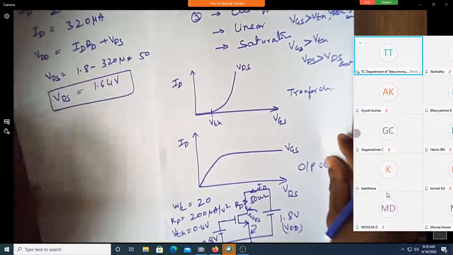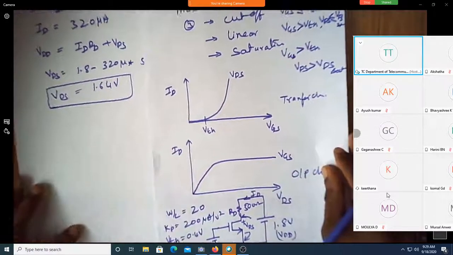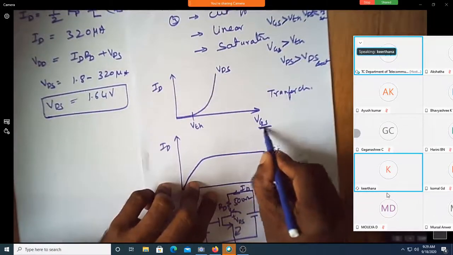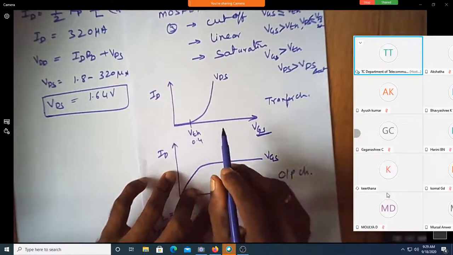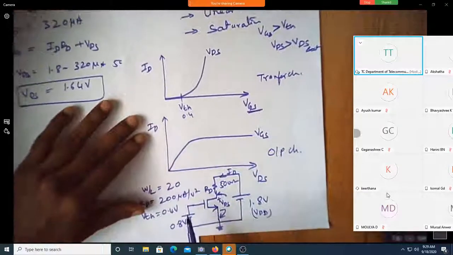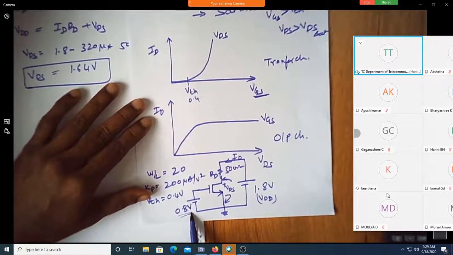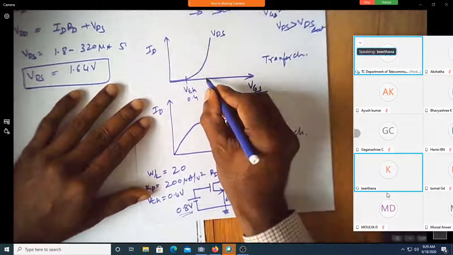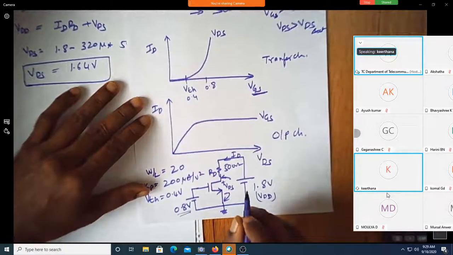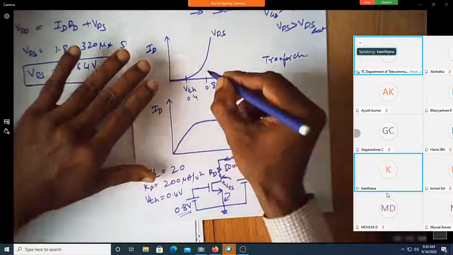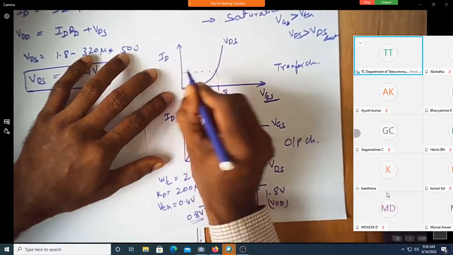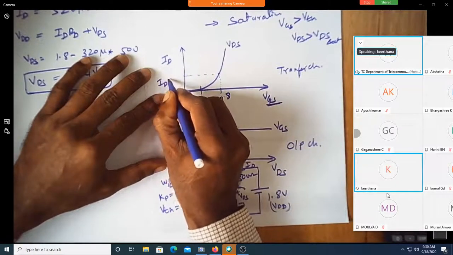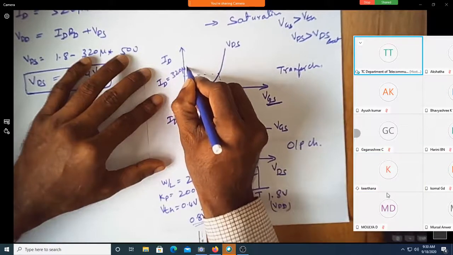Okay, in this graph, shall I locate that point? Carefully observe. This is VGS in the transfer characteristics. VTH is 0.4. Actually, what is VGS now? In this circuit, how much is VGS? 0.8, no? So shall I write 0.8 somewhere here? Can I extend this line up to this point and then find out this is my ID, which is equal to 320 microampere?